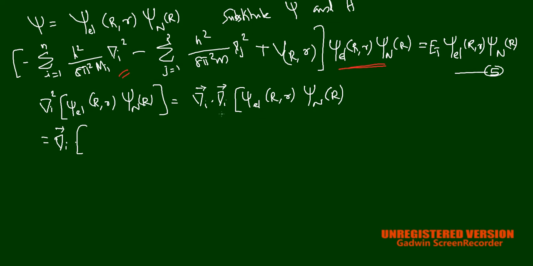So we have to operate the function inside the bracket with the operator on the right side, and then operate that with the other del I. That's what we are going to do.